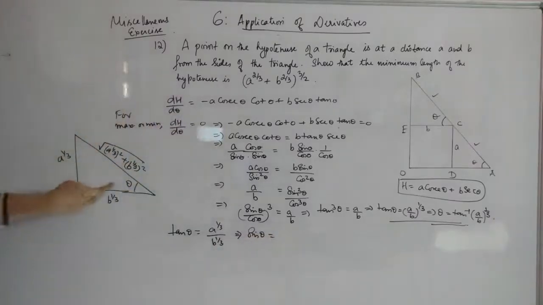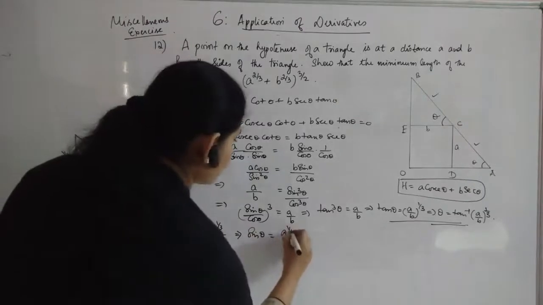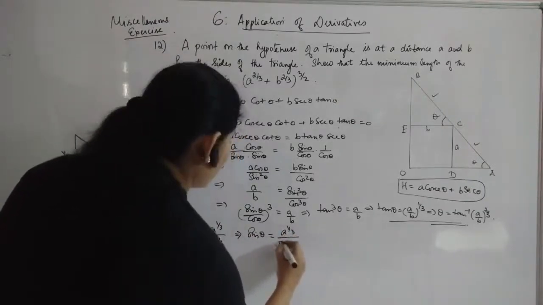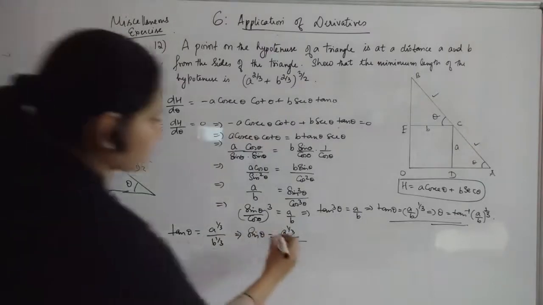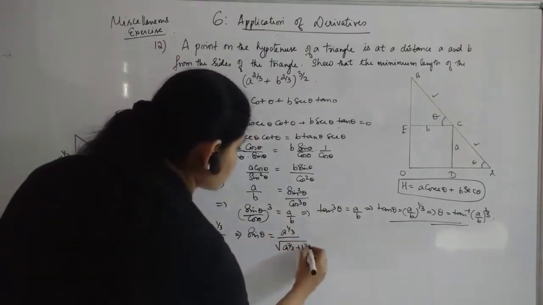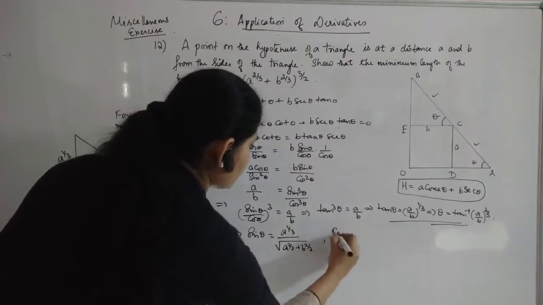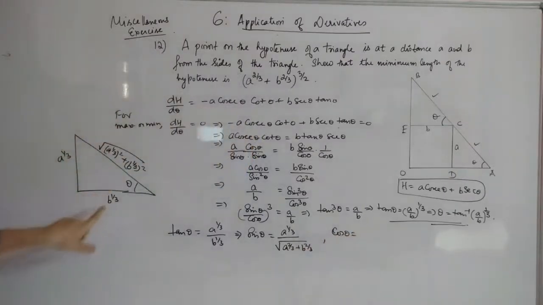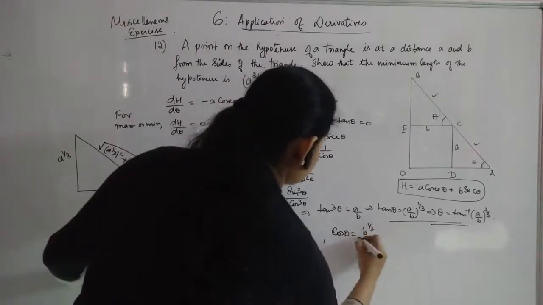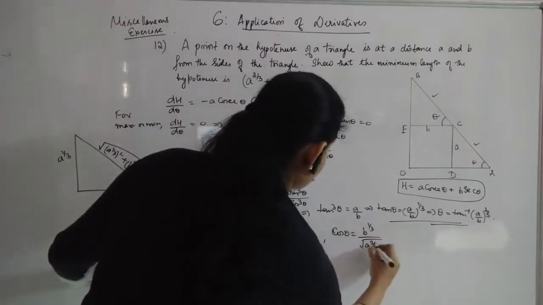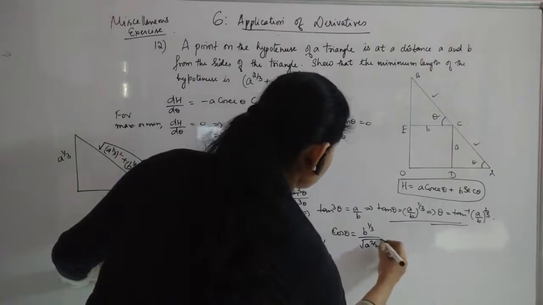Sine theta is opposite side by hypotenuse, a raised to 1 by 3 by root of a raised to 2 by 3 plus b raised to 2 by 3. Again, what will be cos theta? Cos theta will be adjacent side by hypotenuse, so you get b raised to 1 by 3 by root of a raised to 2 by 3 plus b raised to 2 by 3.